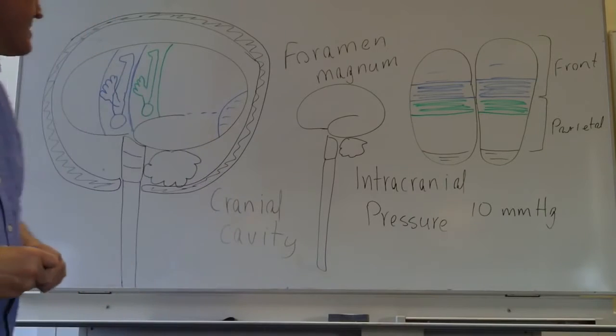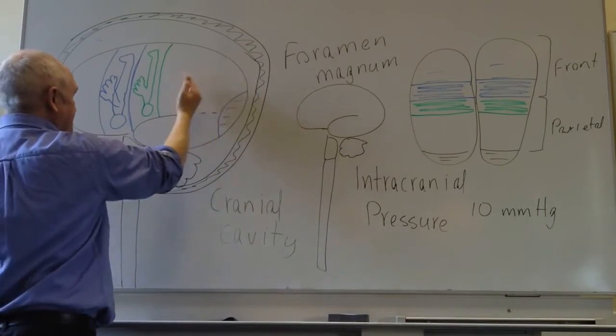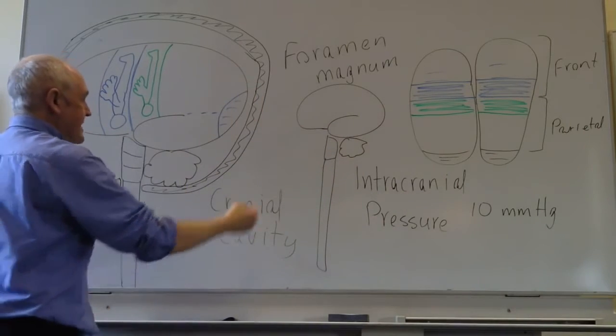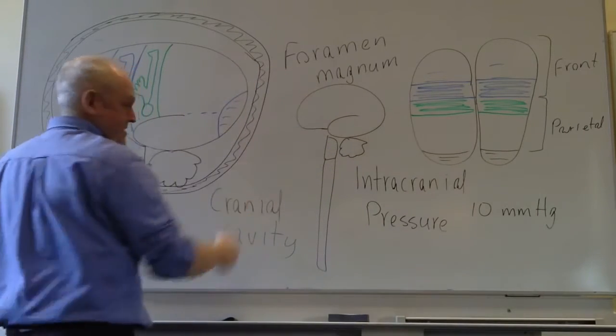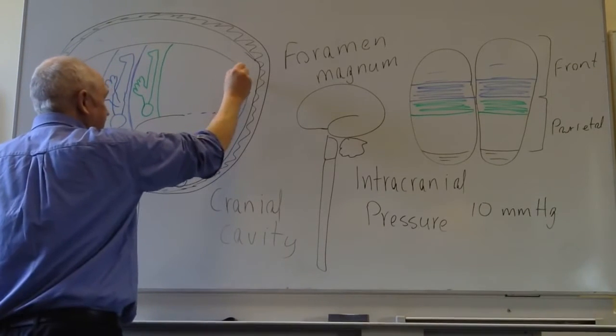So if the head gets bashed and the brain gets bashed inside, so if someone gets hit on the head there, can you see they could end up with a head injury in this area here?